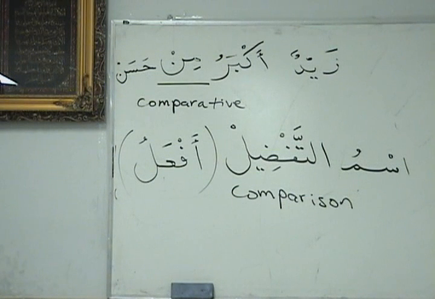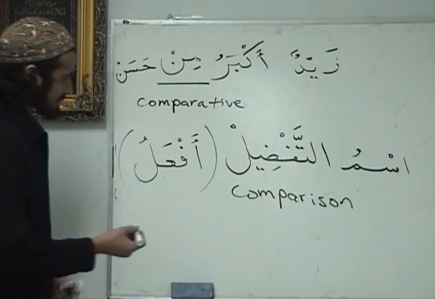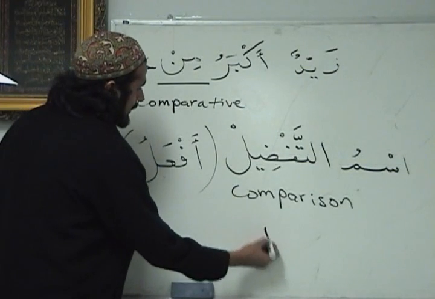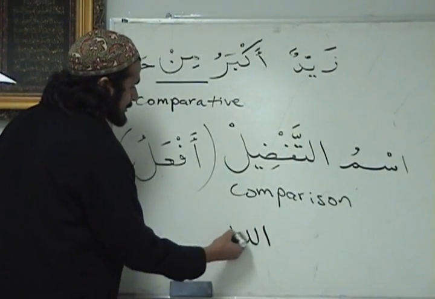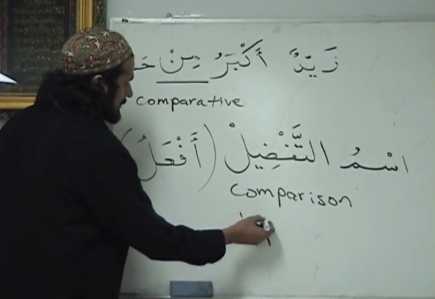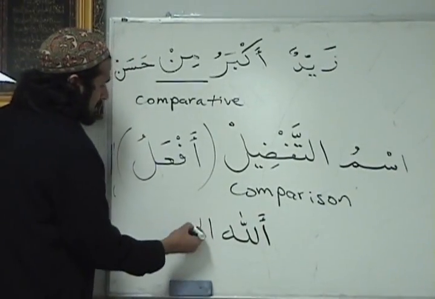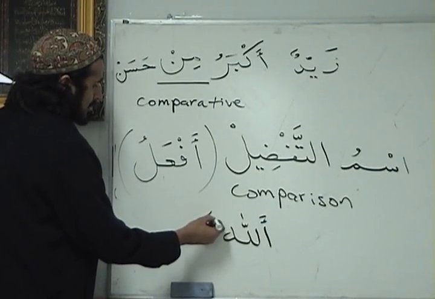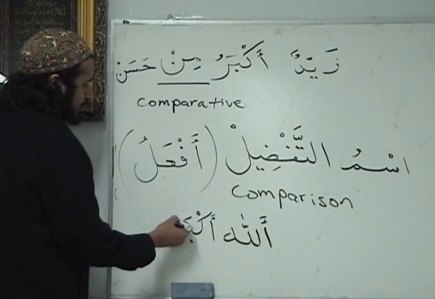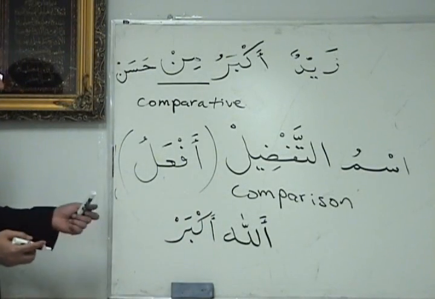You can also be saying it in superlative terms, in terms of superlative. So when we say, for example, Allahu Akbar, that's where it's superlative. Okay? Allahu Akbar, it's superlative. Allah is the greatest.